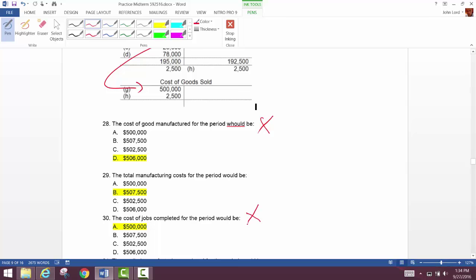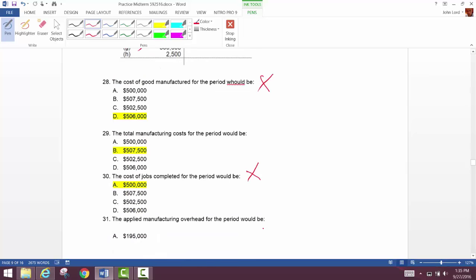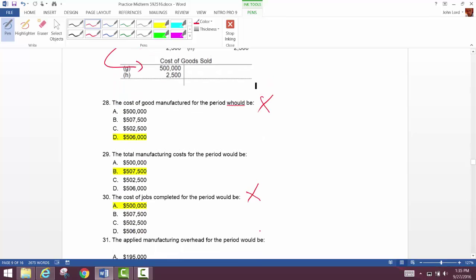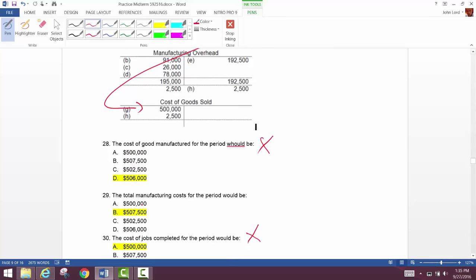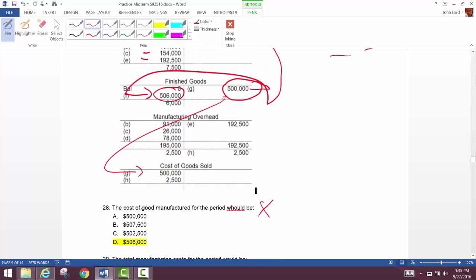Why wouldn't I call it the cost of goods sold? I don't like this question anymore. It shouldn't be 500,000. The cost of jobs completed were the ones sent to finished goods, which is 506,000.